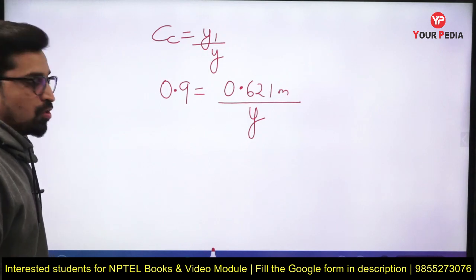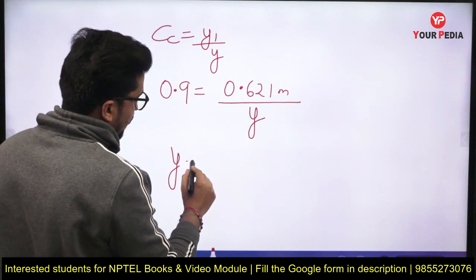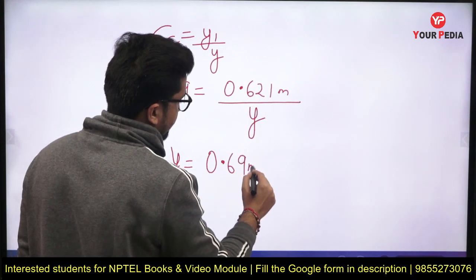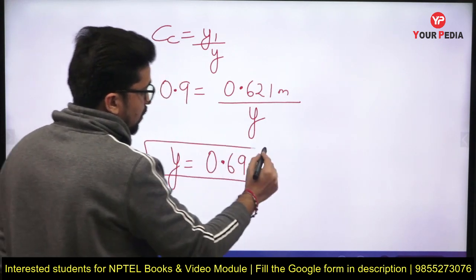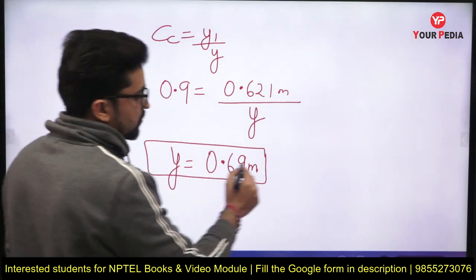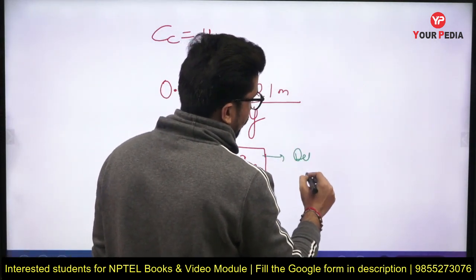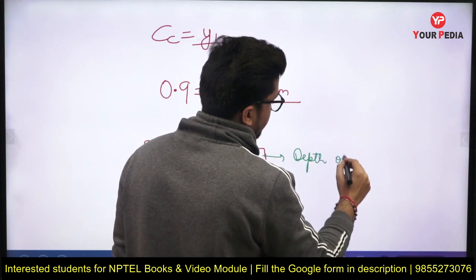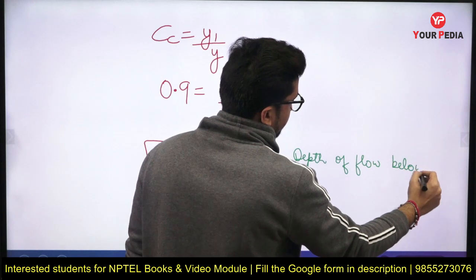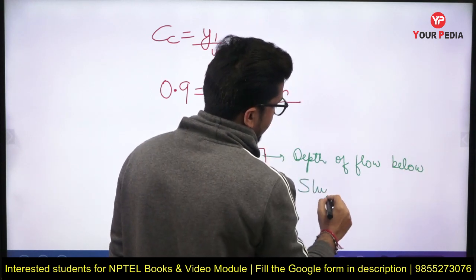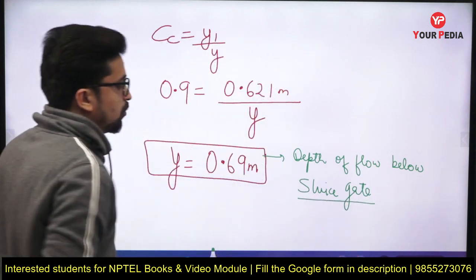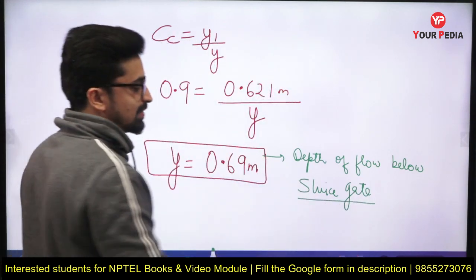So y from this will come out to be 0.69 meters. Now we have calculated the value of y, and this is basically the depth of flow below the sluice gate, 0.69 meters.